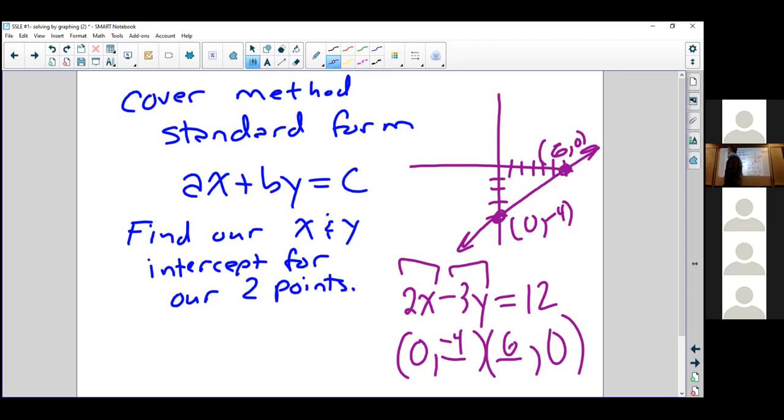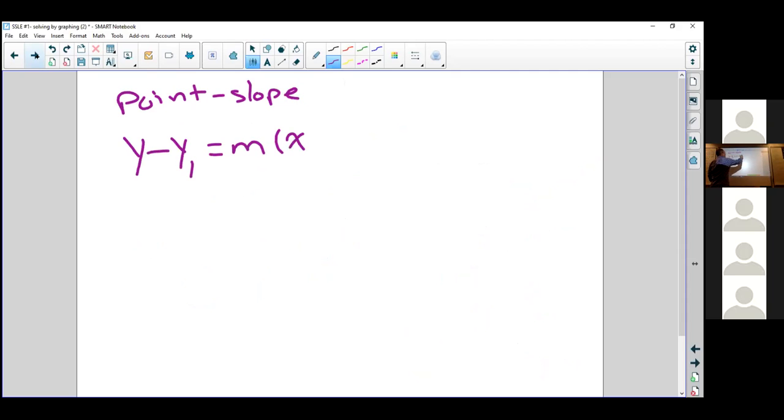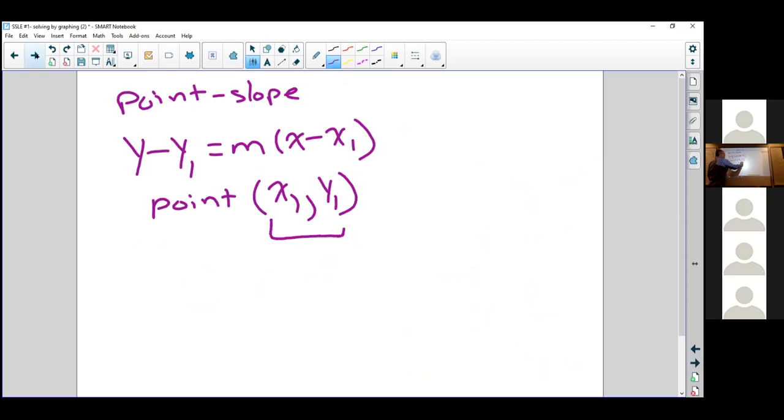Okay. And then the one that we don't see very often, we call it point slope. Point slope looks like this, where the point that we establish is x1, comma y1, and realize those are opposite from the equation.